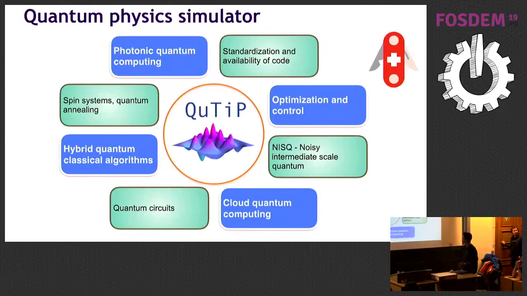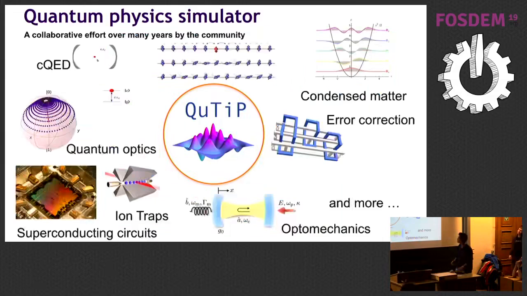So how does QuTiP, this tool, come into play? And I would like to think of it as something like a quantum physics simulator, something like a Swiss Army knife with which you can do a lot of things in quantum physics. So before even the quantum computing industry, the research started, already researchers were using QuTiP to do a lot of simulations of quantum systems.